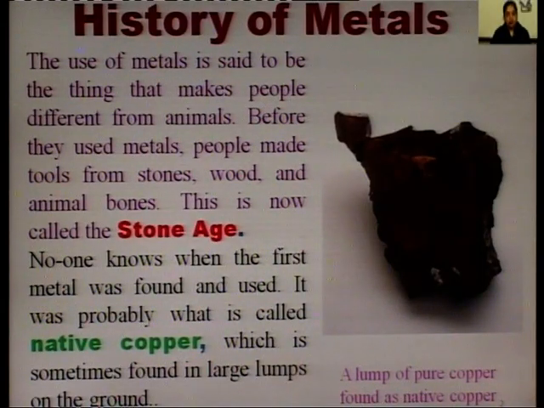No one knows when the first metal was found and used. It was probably what is called native copper, which is sometimes found in large lumps on the ground.